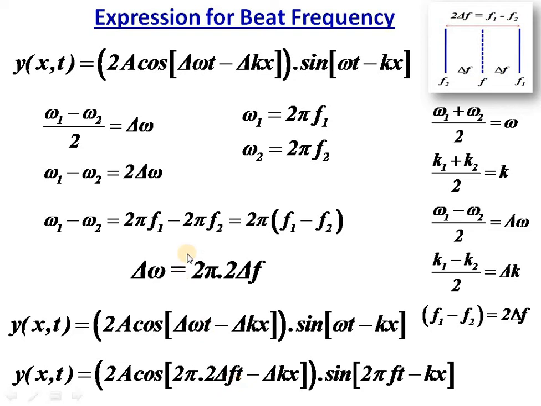There are two things: one is the wave propagates and one is the envelope propagates. Here the real wave propagates with the frequency f, that is equal to (f1 plus f2) by 2, that you know. And the envelope propagates with a frequency 2 delta f. 2 delta f is of course equal to f1 minus f2.